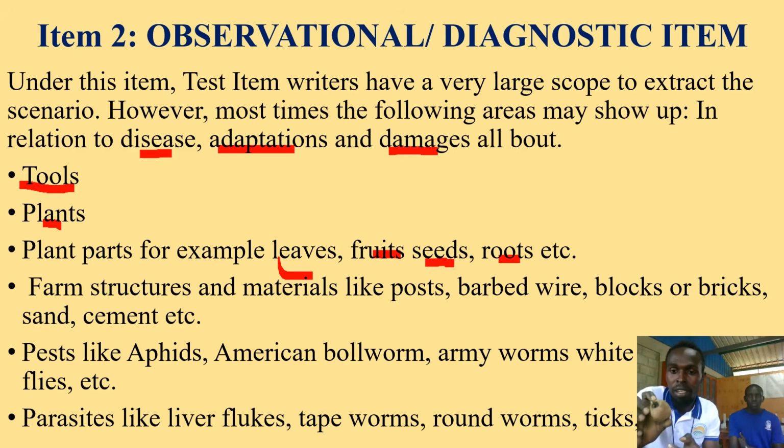Manage the soil health of your garden. You can even spray to avoid the cause of the damages, the cause of the infection or disease, to avoid diseases or pests. I'm done.